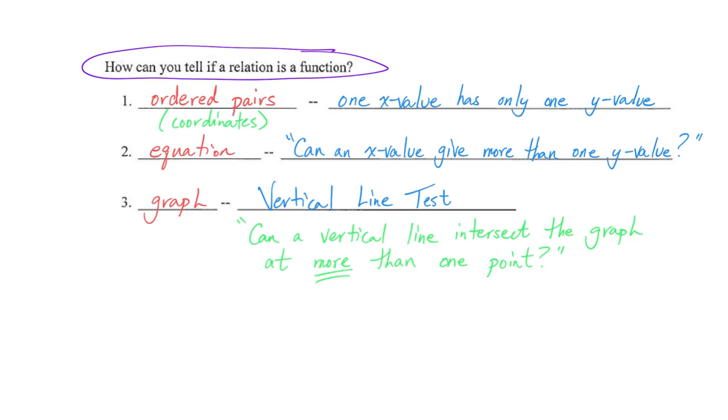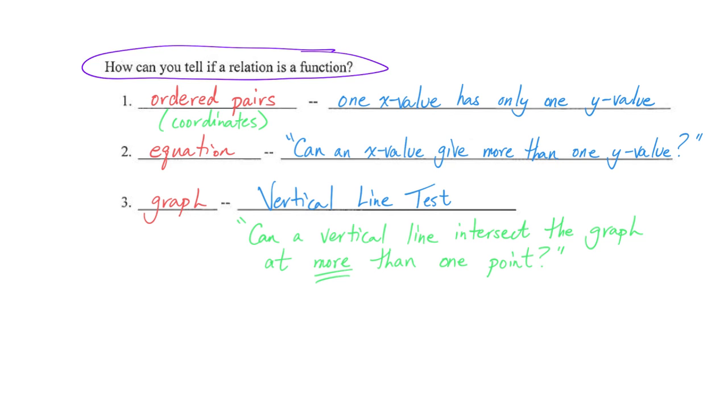If you can answer that question, yes, it can, then we know it's not a function. No, it can't, then it is a function. But the green becomes the question that you basically want to ask yourself. So for most of us graphically, that's probably going to be the easiest way to determine whether something's a function.